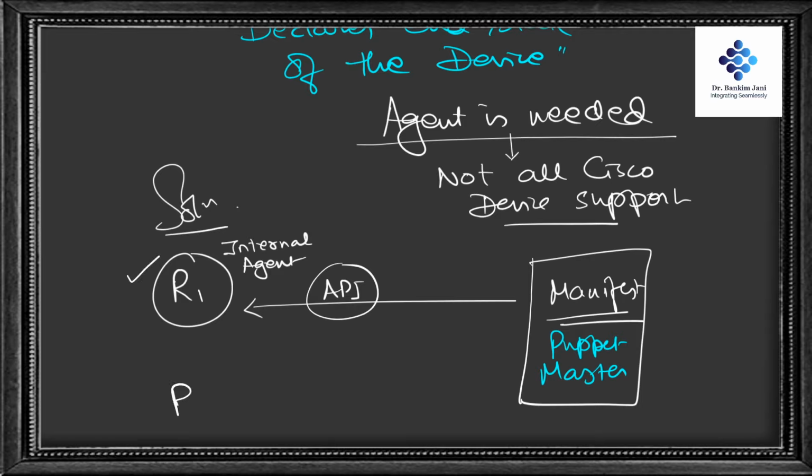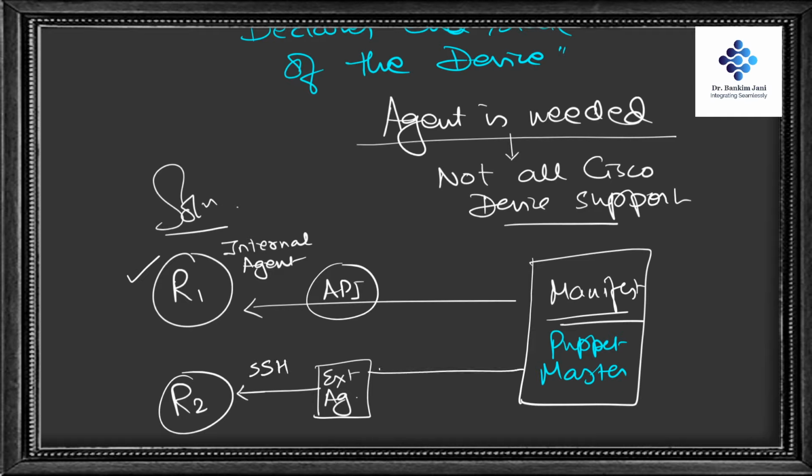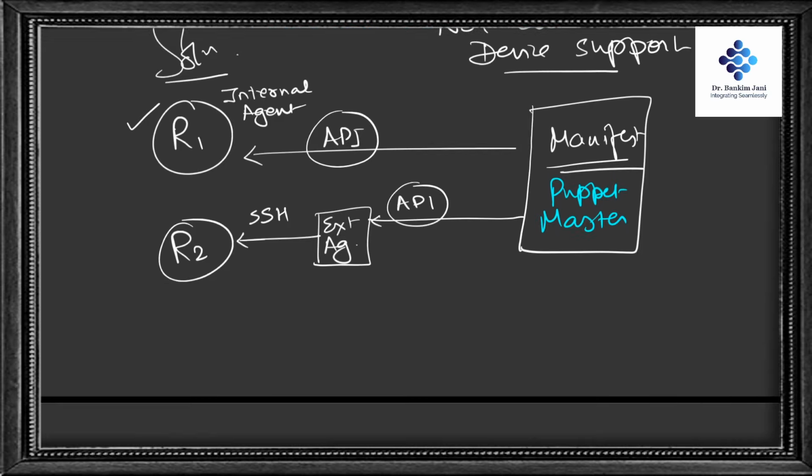Now let's say this router 2 does not understand this language. In that case we might require what's called an external agent. We install it on some machine, some computer, and this would talk to router 2 via SSH. And over here it is the API which sends this configuration to this external agent, and then it would be injected into R2.